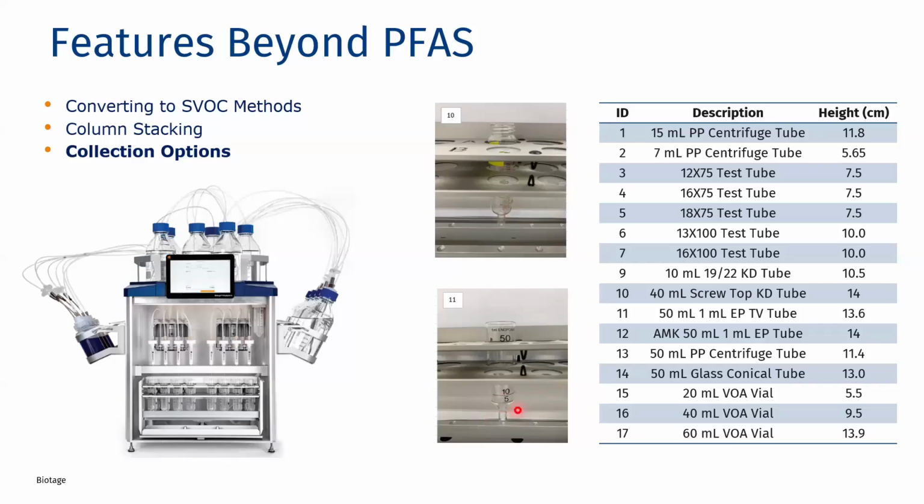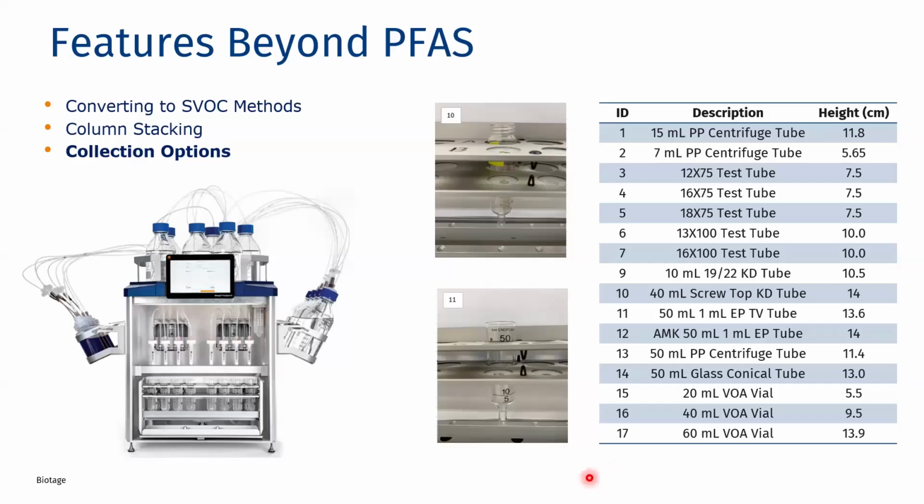We tested this. We fitted a bunch of different collection containers and a few that have these 1 mil tips for endpoint. So a lot of SVOC methods, when you do the final concentration, you want to end at a 1 mil or a half a mil concentrate. And so we actually built the system so it's compatible with various different, and these are all the collection vials that we've tested. I'm sure there's more out there, but you can see the different types of collection vial options.